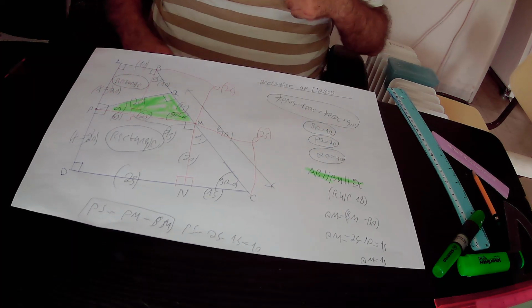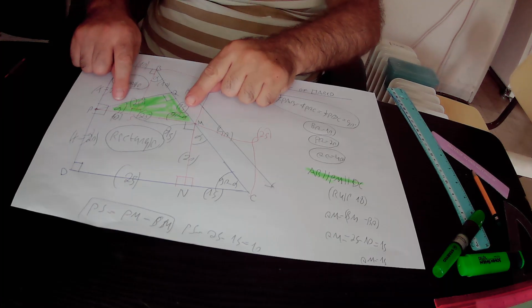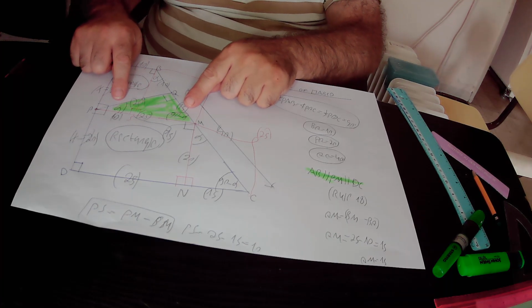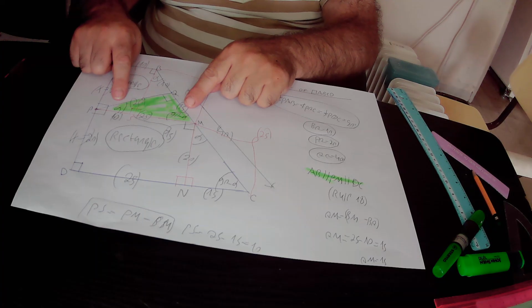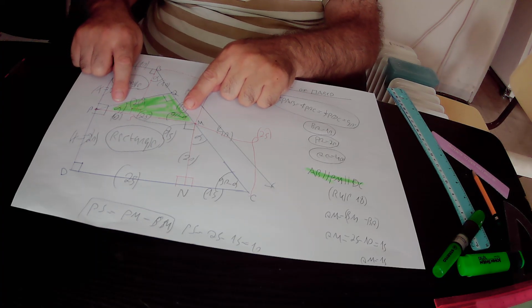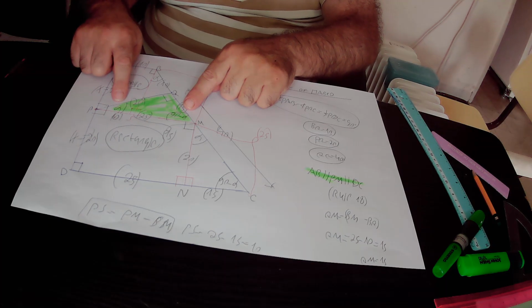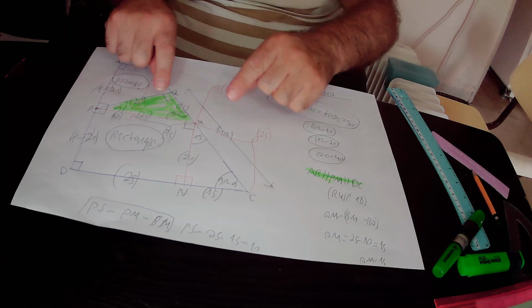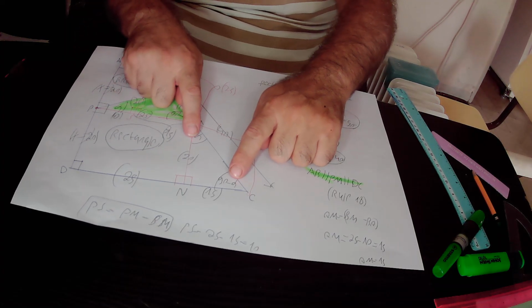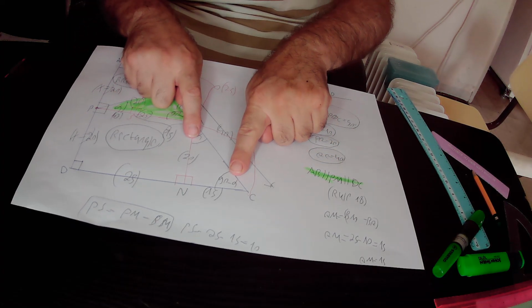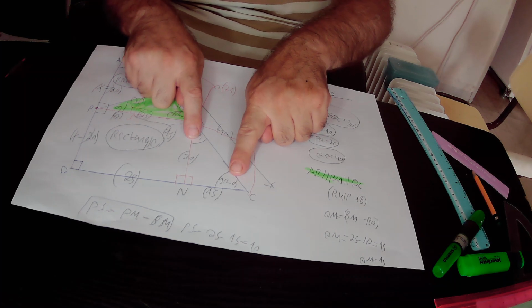So I can prove that those two angles and the side that is included between those two angles in the green right triangle PQM, that is side PM, are correspondingly equal to those two angles and the side that is included between those two angles in the right triangle MNC, that is side MC.